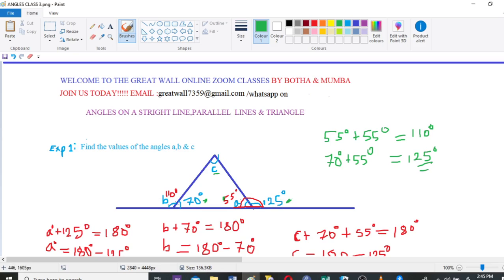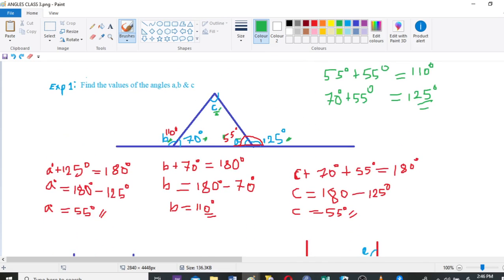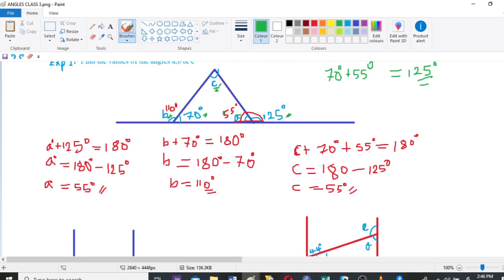Similarly, the exterior angle here, adding angle C, the size of angle C, which was 55, plus 55, gives you this exterior angle. So this is another property that you can use to answer questions on a triangle. If any question, you can let me know.